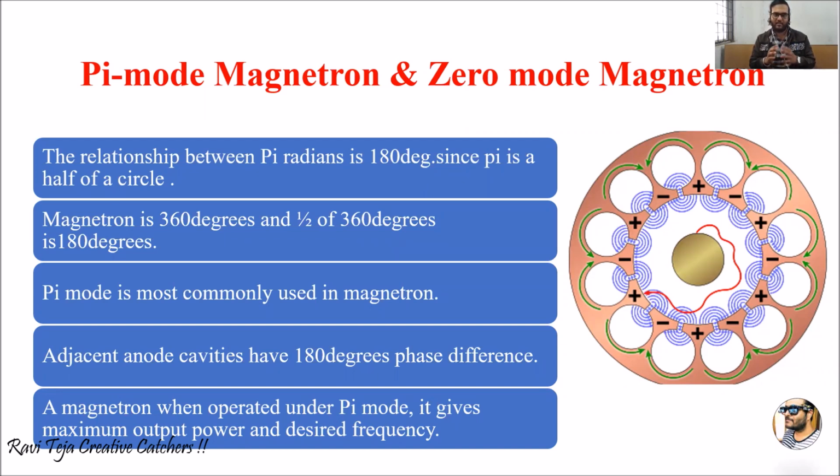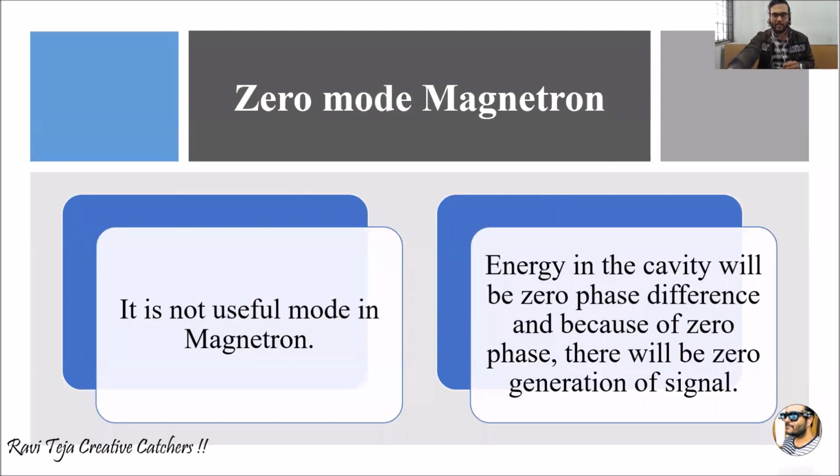Whenever a magnetron is operated under pi mode, it gives maximum output power and our required or desired frequency. Now let's come to the zero mode magnetron. As the name indicates, there will be no mode at all in this particular magnetron, so it is not at all a useful mode. The energy in the cavity will have zero phase difference, and because of zero phase there will be zero generation of the signal.